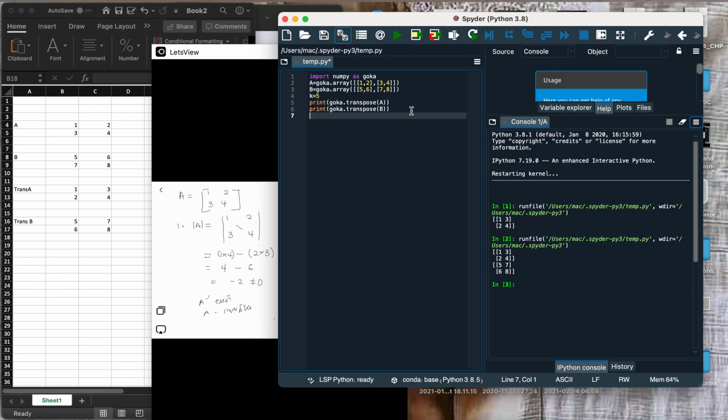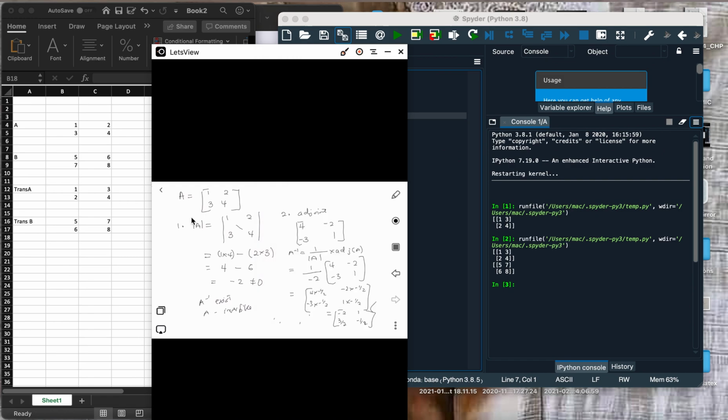The function for finding the inverse in Python is linalg. Linalg, where lin means linear and alg means algebra: linalg.inv, and then the name of your matrix. So linear algebra, but finding the inverse of matrix A. So that is what we're going to do in here.